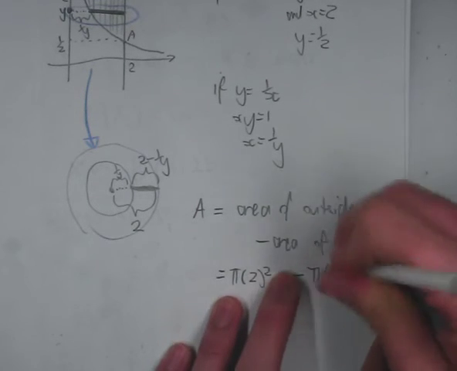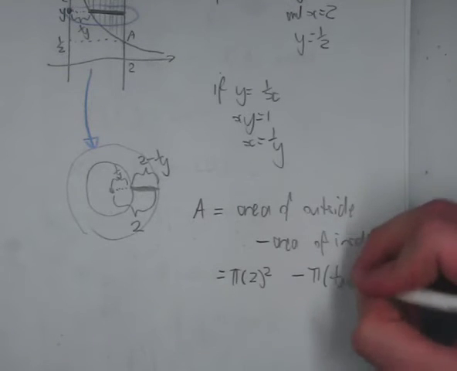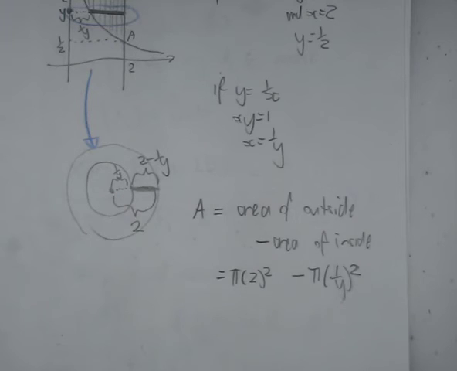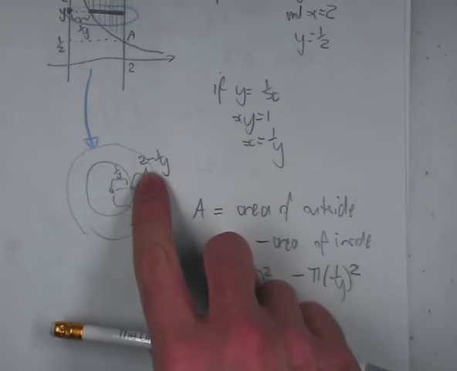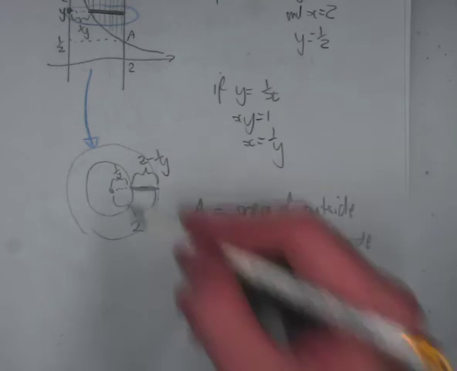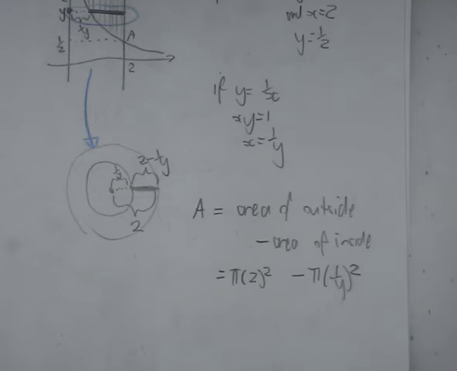No, crap. Yeah, that's right. So this time the inside circle is just 1 over y. It's not the 2 minus whatever. I don't need to know what that is, but I just put it in there while I was doing stuff. So this circle's 1 over y, that circle's 2, and I can integrate that now.